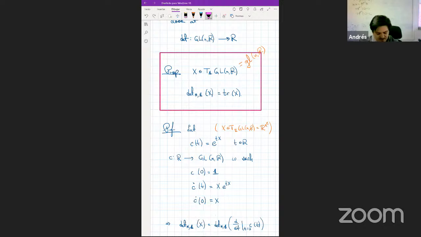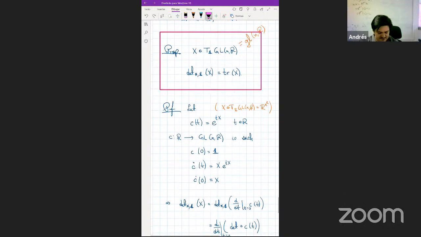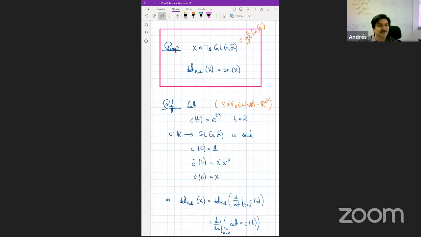And then we use the definition of the differential here, right? Now, I will use the explicit description of the curve. And what is this?